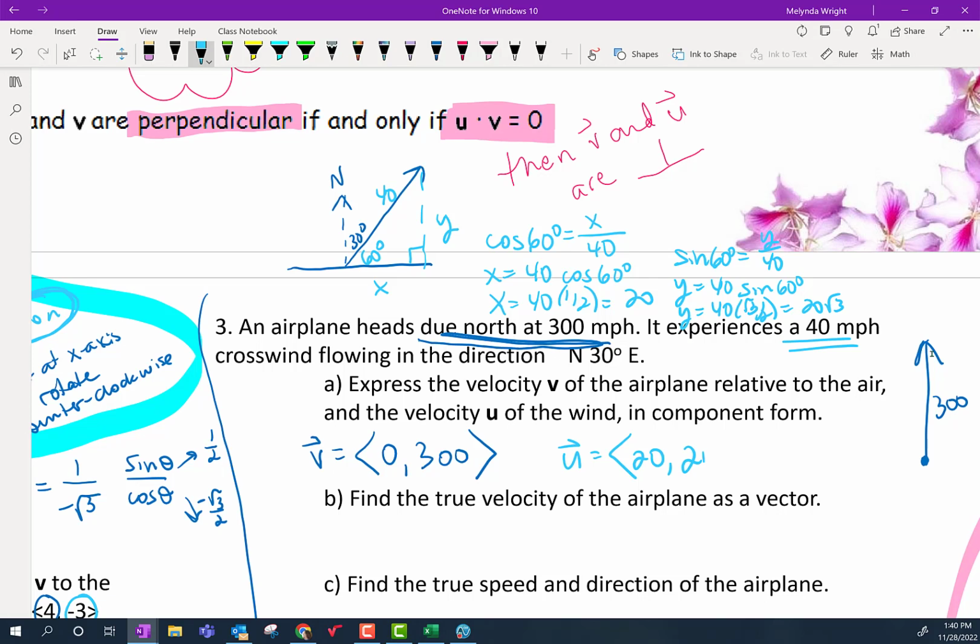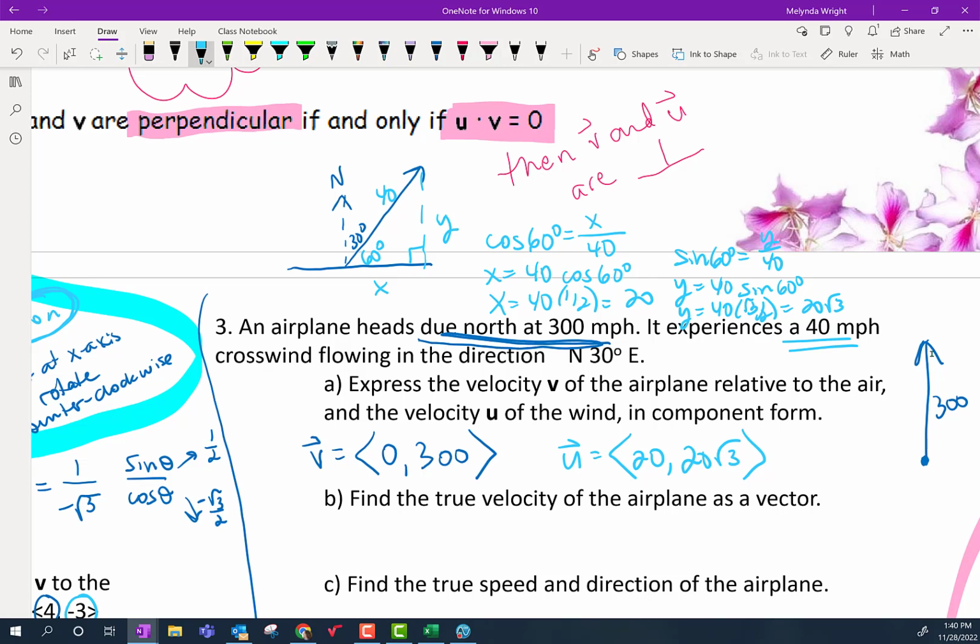So our y component is 20 root 3. So we just have finished part A, where they asked us to write the two vectors in component form with fancy words that seem confusing. But it really just means write the vectors in component form. Okay, are we okay? Okay, good.